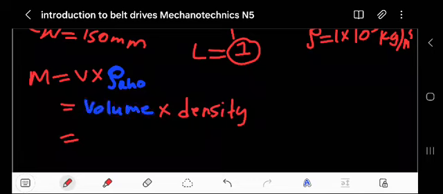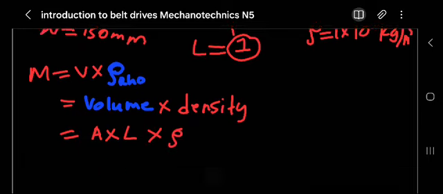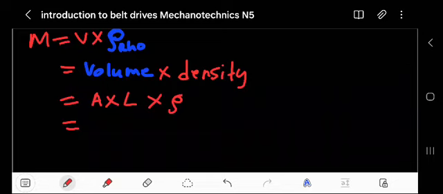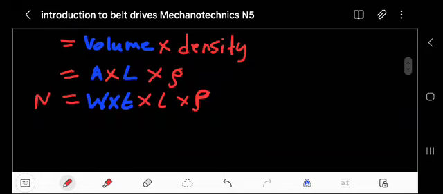Volume is area multiplied by the length, and then by the density. But the area is calculated by its width multiplied by thickness. So mass is width times thickness, multiplied by the length, and multiplied by our density.